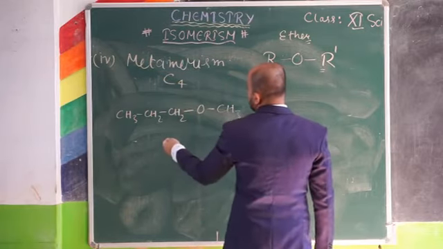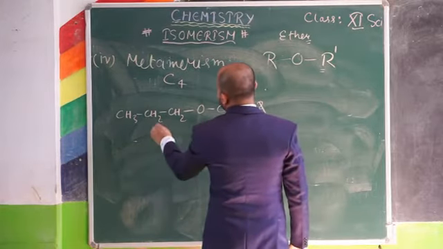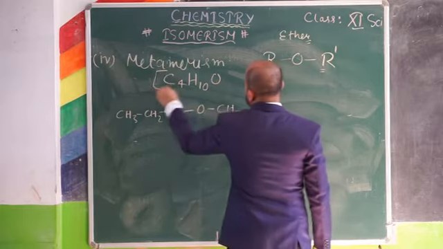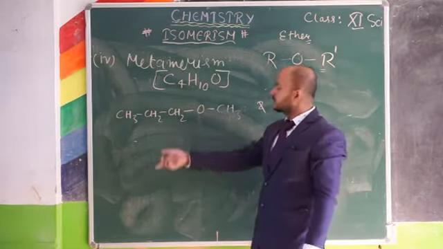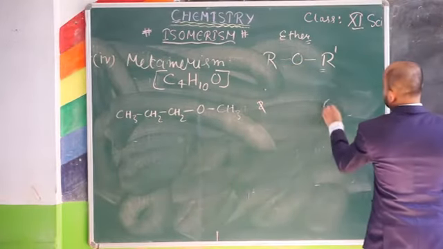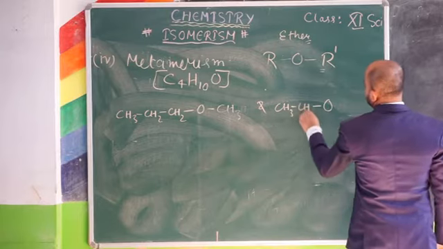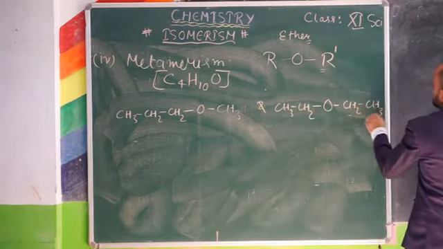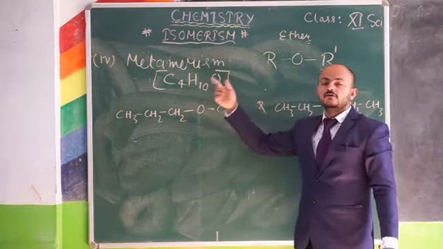How many hydrogens? 3, 6, 7, 8, 9, 10, and 1 oxygen. So this is the molecular formula. With this molecular formula, you can have this structure, or you can also have this structure where you have CH3, CH2 on this side, and here also you have CH2, CH3. Now count the number of carbons, hydrogens and oxygen, it exactly matches this molecular formula.